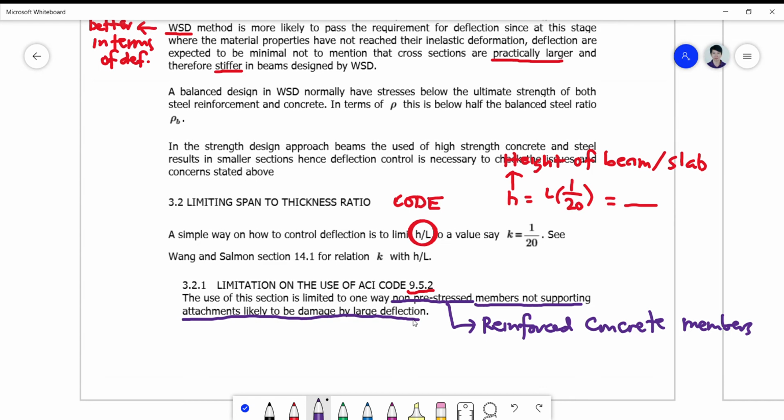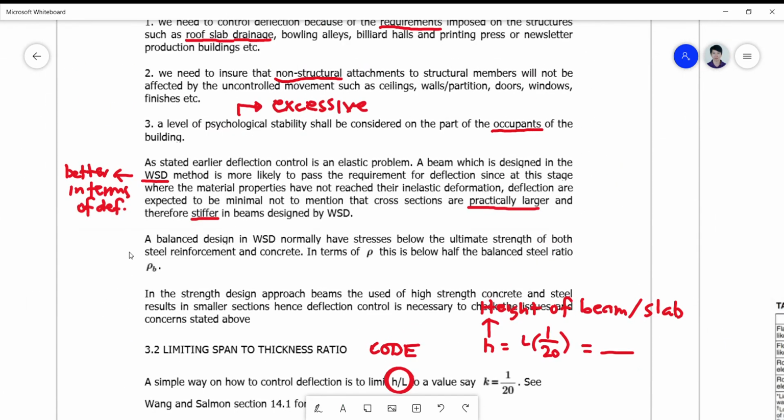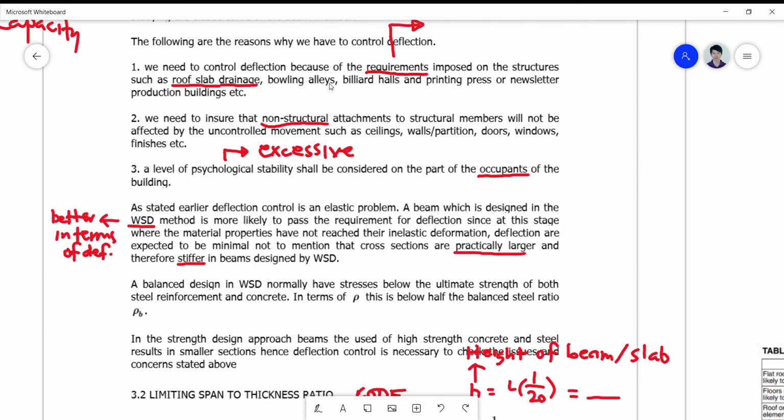It simply means that when deflection happens to the member, there's no danger of any violation of the first three reasons here. Okay, you don't have to worry about the requirement, you don't have to worry about the attached elements because there are no attached elements, and you don't have to worry about any psychological distress that might happen to the occupants.